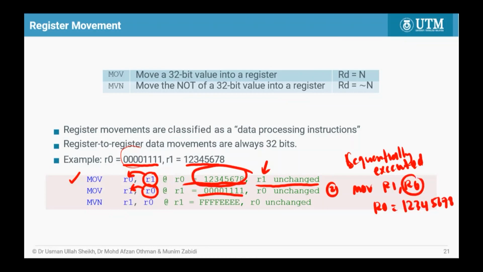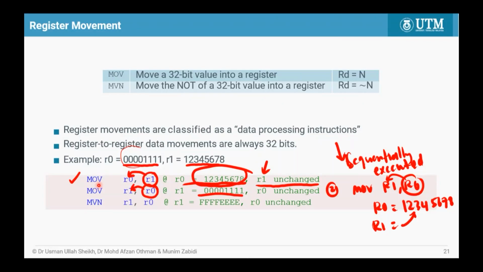And after you do this instruction, R1 will have the same value as R0. This is only for when the instructions are executed sequentially. But in this example, we assume that the instructions are independent, meaning they are not executed sequentially.